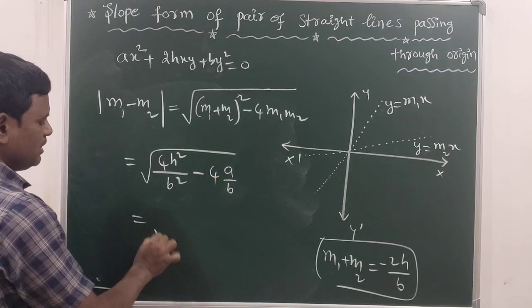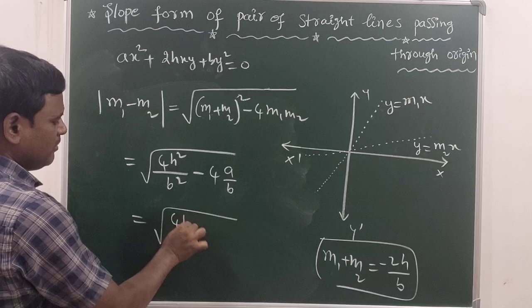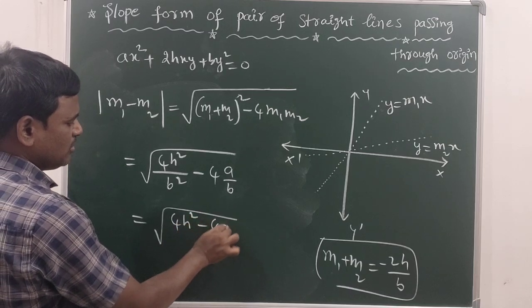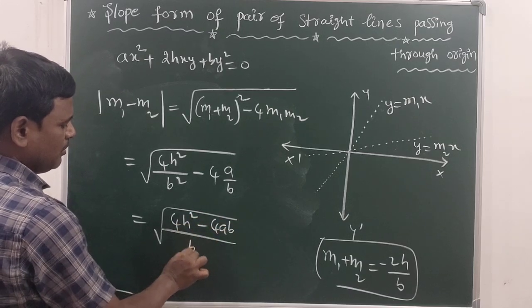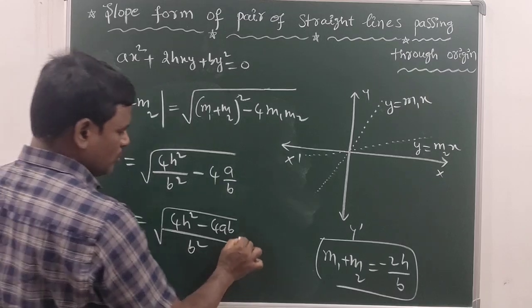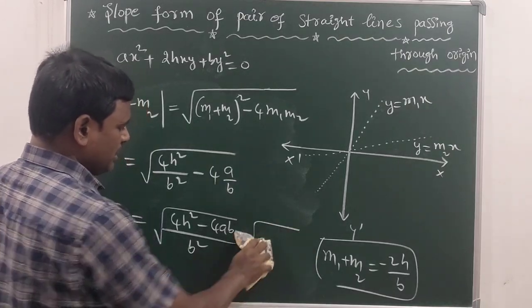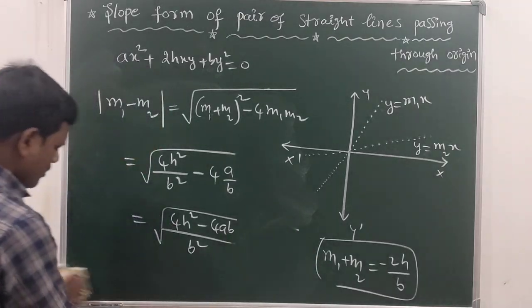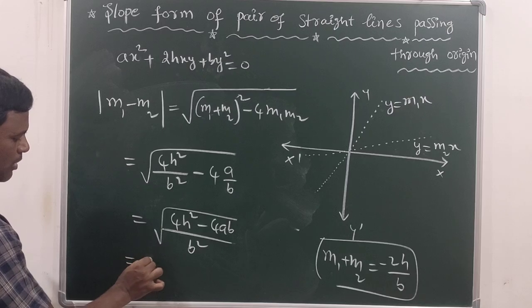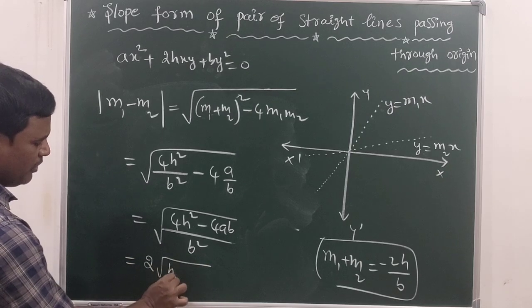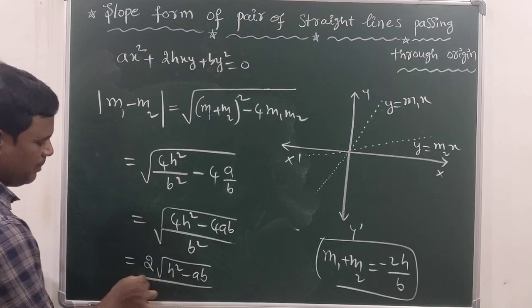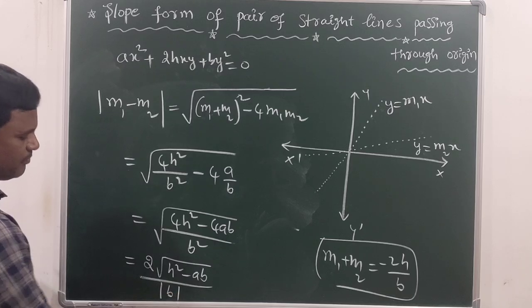Now let us simplify this, so that you will get 4h square minus 4ab by b square. So root of, see here, from these two take 4 common, 2 into root of h square minus ab by mod b.